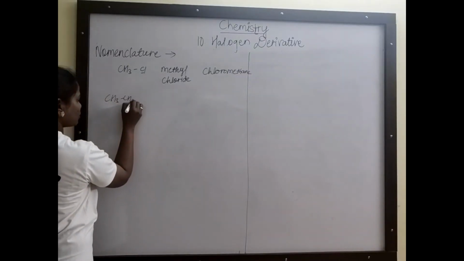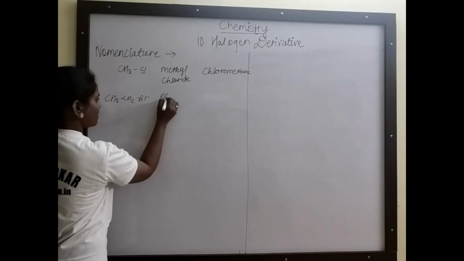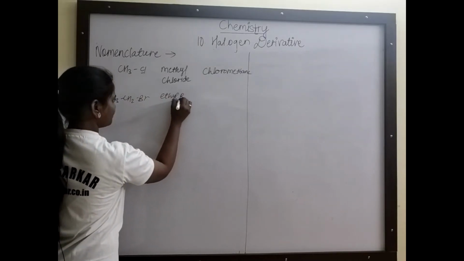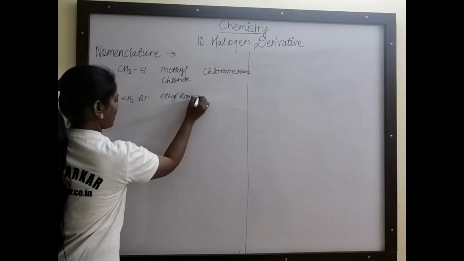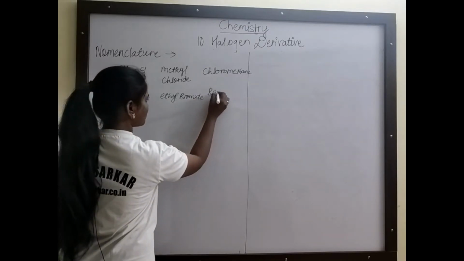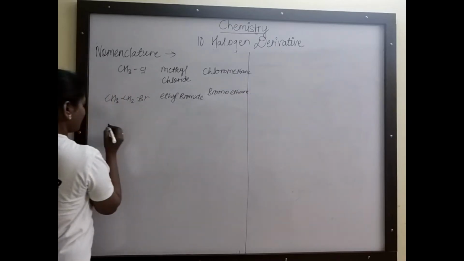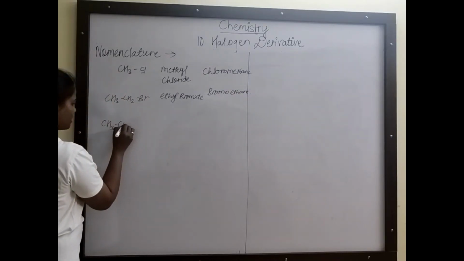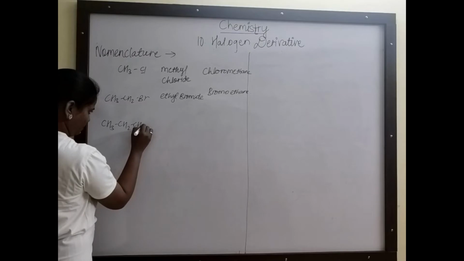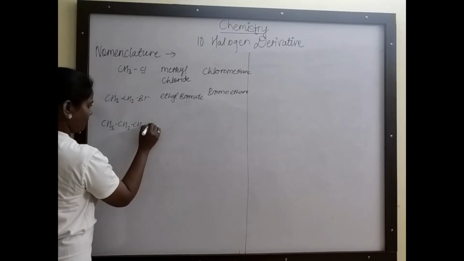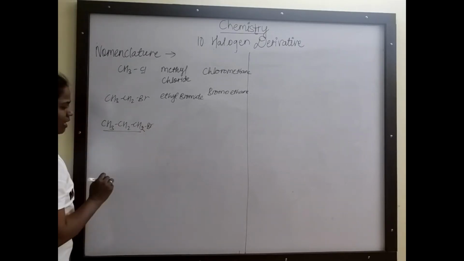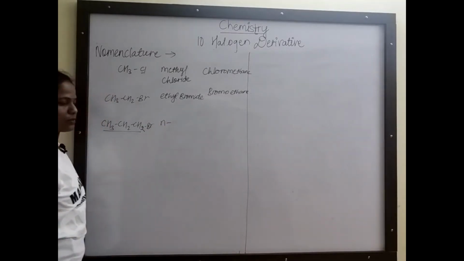Second one, CH3, CH2, Br. So it is named as ethyl bromide, and the IUPAC name of this one is bromoethane. Similarly, CH3, CH2, CH2Br. Now this is a straight chain of carbon atoms. In common name, what prefix are we using?